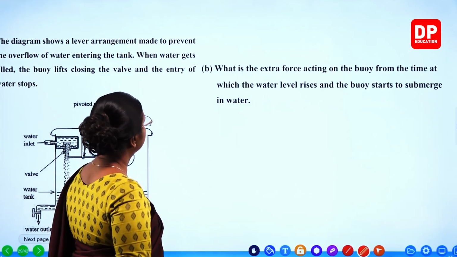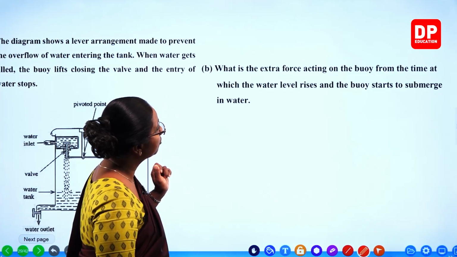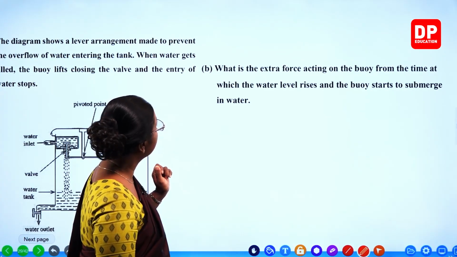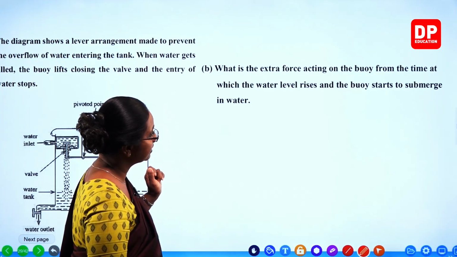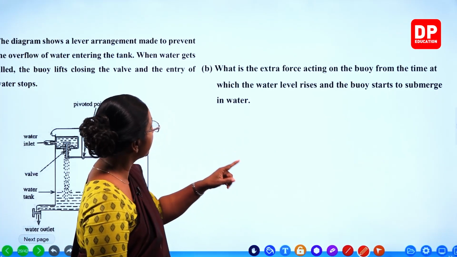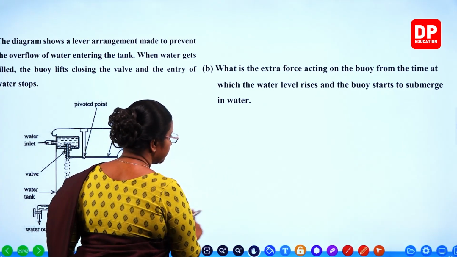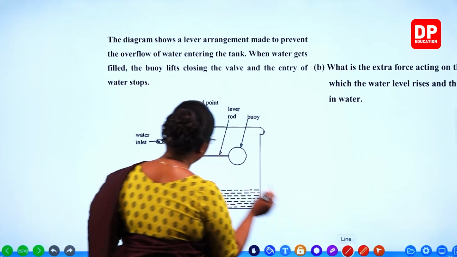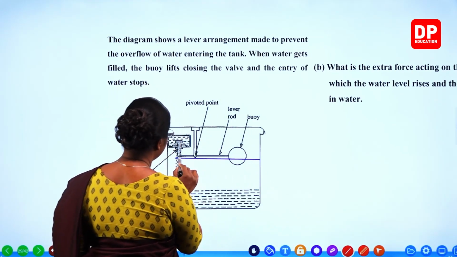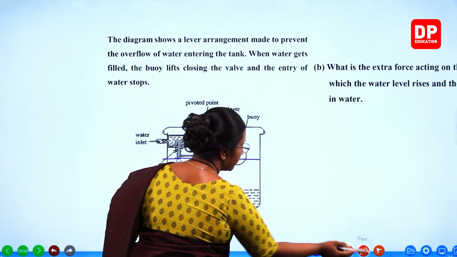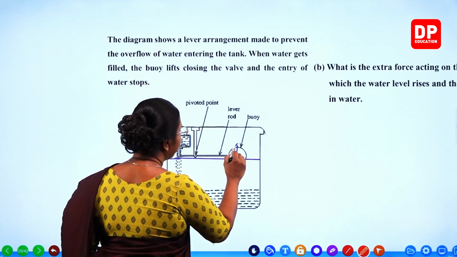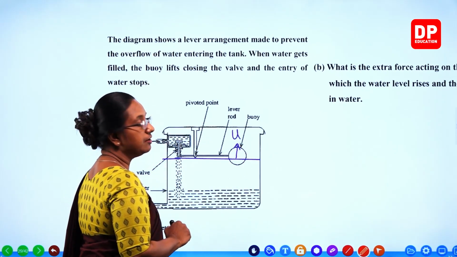Then the next question, what is the extra force acting on the buoy from the time at which the water level rises and the buoy starts to submerge in water? So here, when the water level comes up to, let's say, somewhere here, then of course, there will be the upthrust exerted by water.